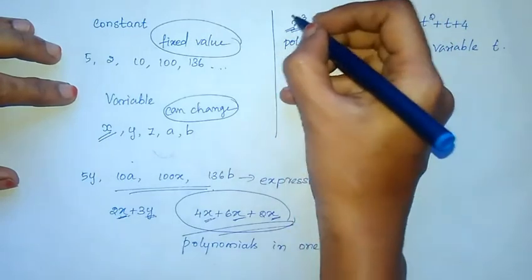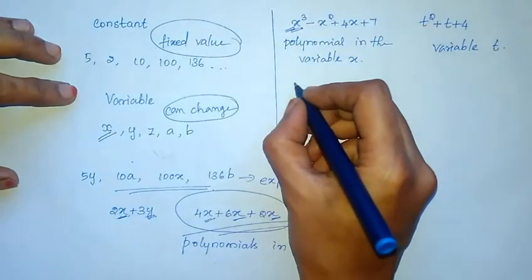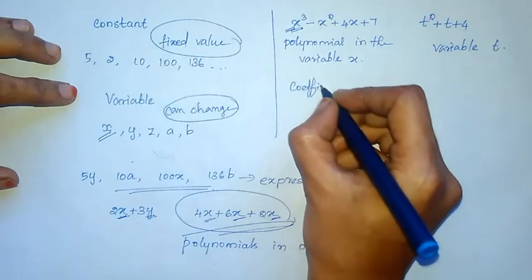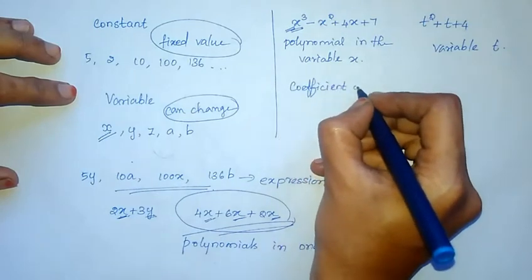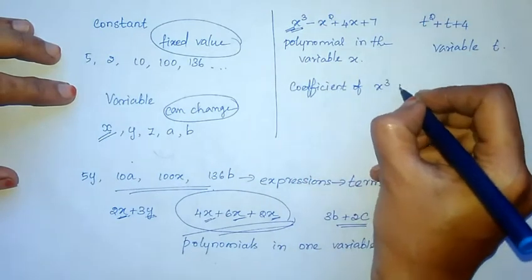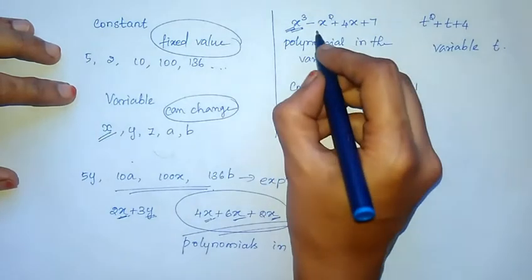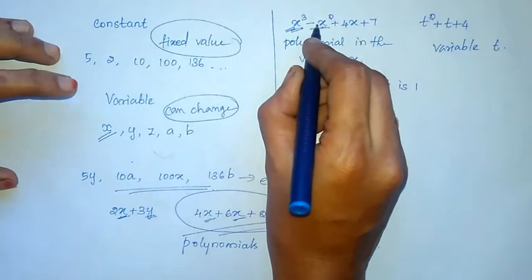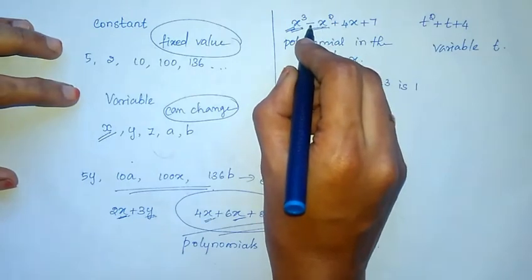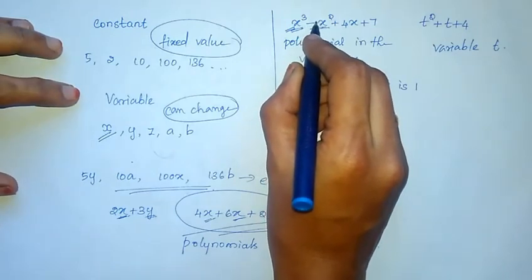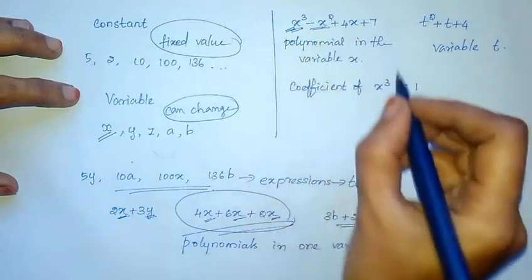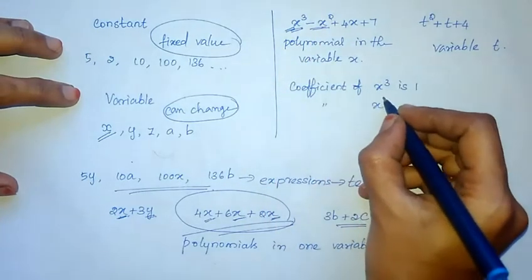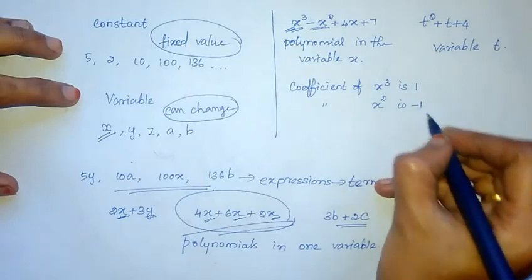So, coefficient of x cube is 1. Now, what about the coefficient of x square? Here also we have nothing. That means 1. But here we have minus symbol. So, minus 1 into x square is minus x square. So, coefficient of x square is minus 1.